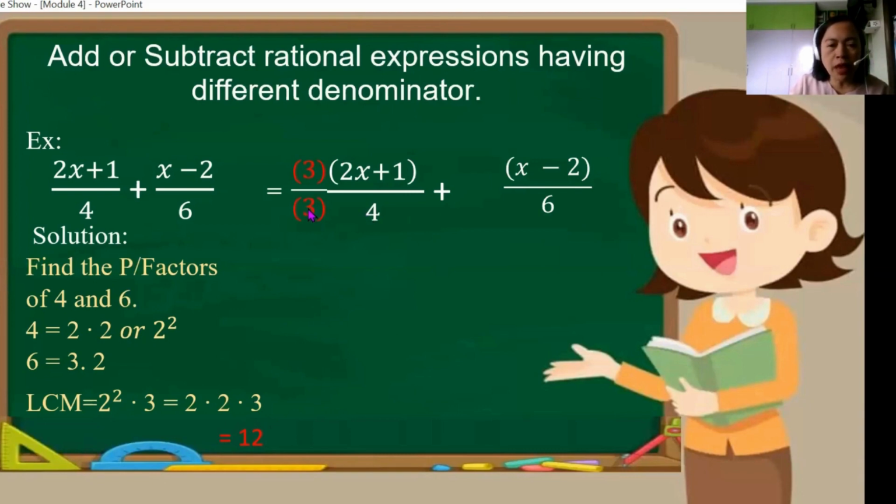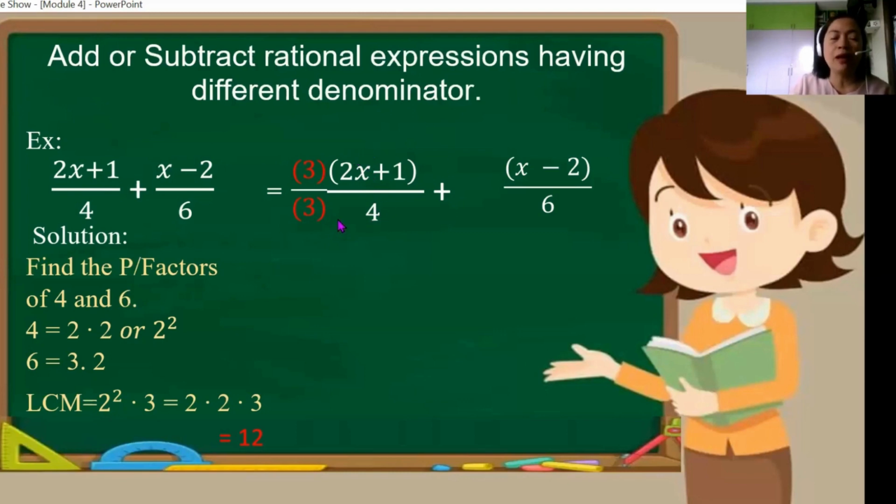So, kung mag-multiply tayo ng 3 dito para maging 12, mag-multiply ka din sa taas, ang ibig sabihin yan, parang 3 over 3 is 1. Nag-multiply ka lang ng 1. Hindi nag-iba yung value ng expression. 3 over 3 is 1, di ba, class? So, parang i-multiply mo lang yung expression na ito ng 1.